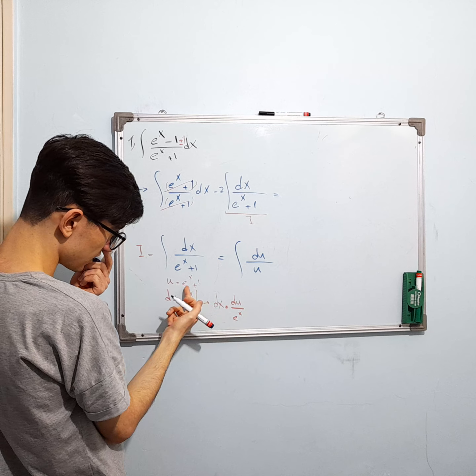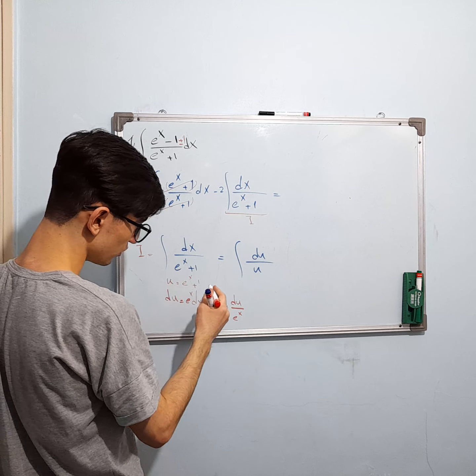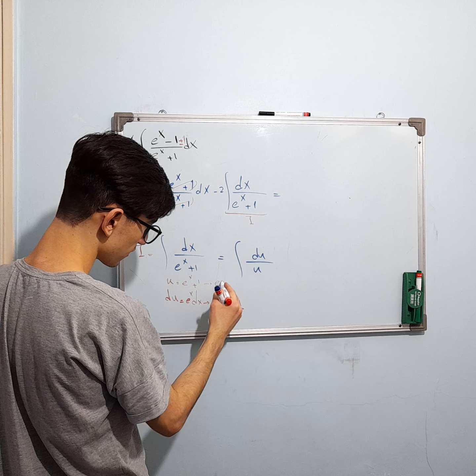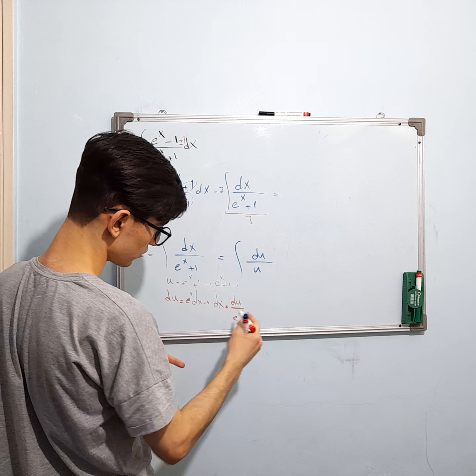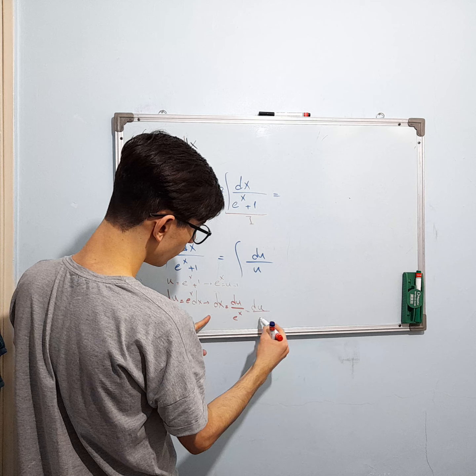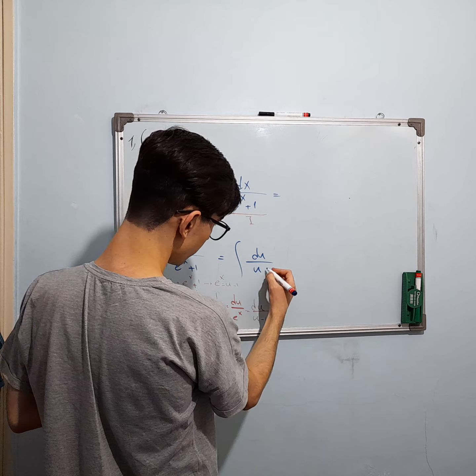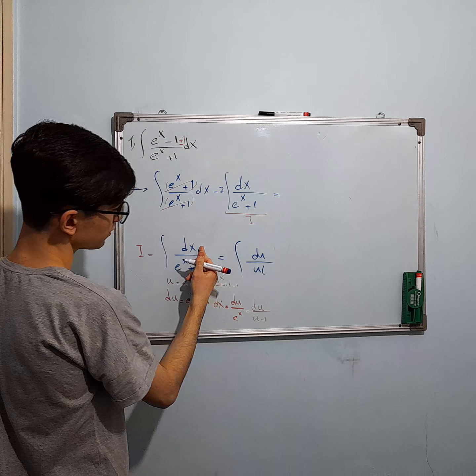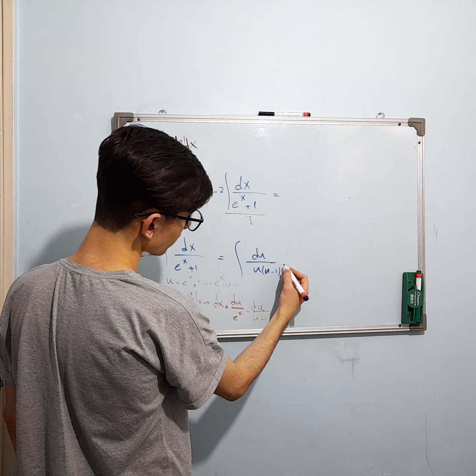And what is e to the x? If I bring plus 1 over, e to the x equals u minus 1. So dx is du over u minus 1. So now here, instead of dx, we have du over u minus 1.